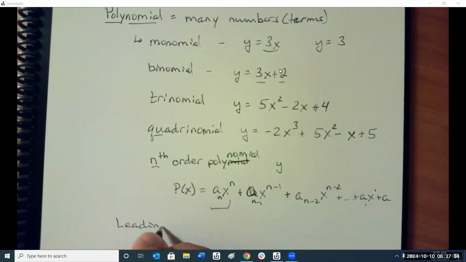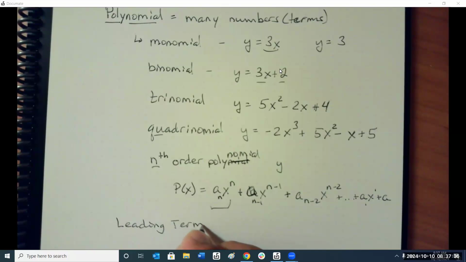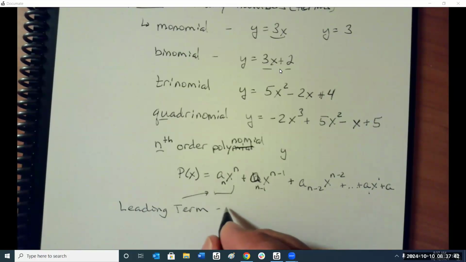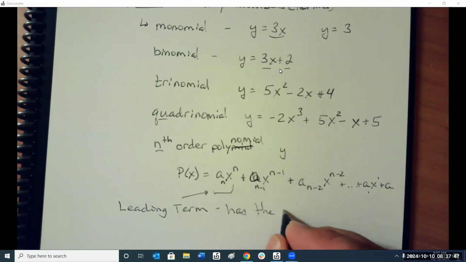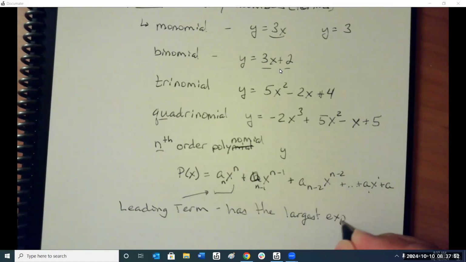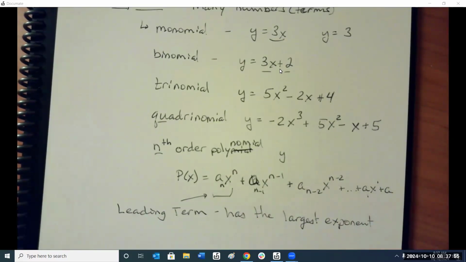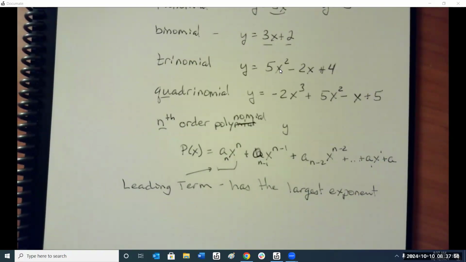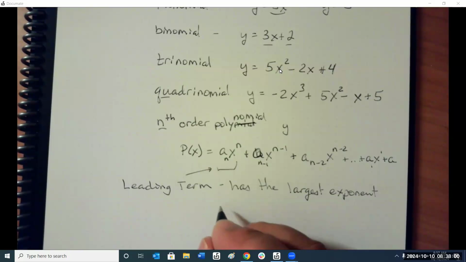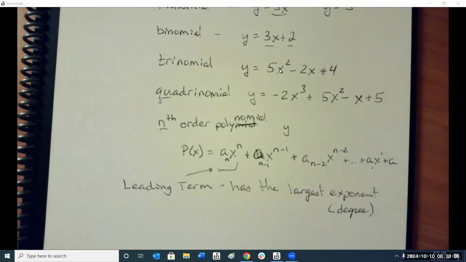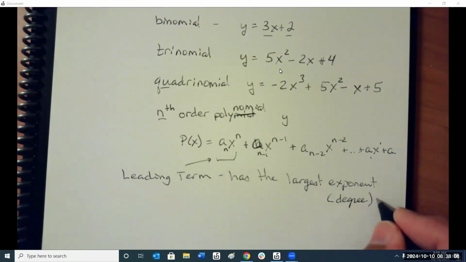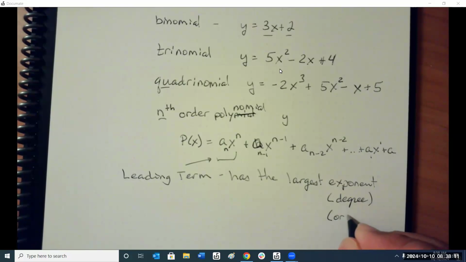Again, the leading term is the first term in the whole list. It has the largest exponent, which is called the degree, which is also called, as we just saw, the order.